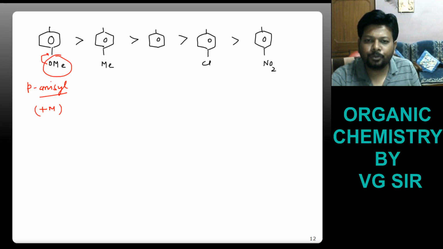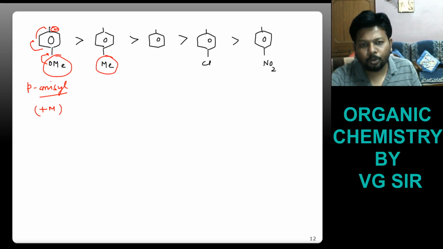So due to positive resonance there will be an increase in electron density at the terminus point, so it will show the highest migratory aptitude. This Me group, that is the methyl group, has 3 alpha hydrogens, so it will show the hyperconjugation effect, that is the plus HC effect. It is lesser in magnitude than the resonance effect, so its aptitude will also be lesser.